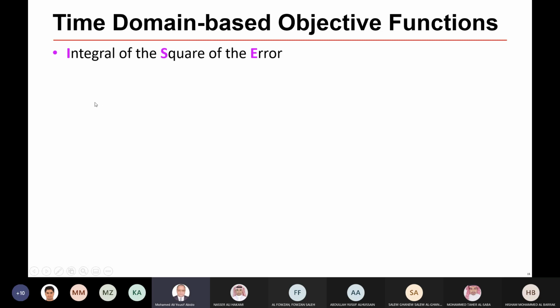The first one is called integral of the square of the error, where you have the integral or the summation. Of course, if you solve numerically with the step size, you can do summation of e square, the deviation or error. You have a steady state.